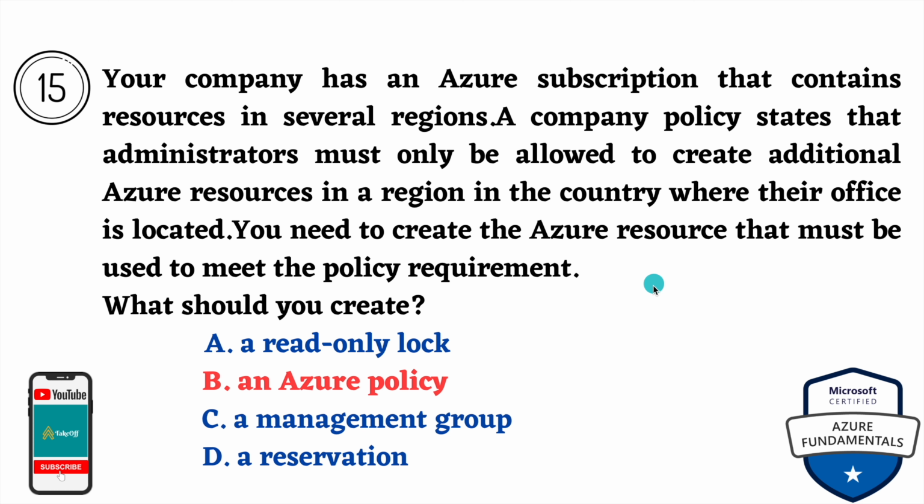Here we have a business rule: administrators must only be allowed to create additional resources in the region of the country where their office is located. These kinds of business rules can be defined in the policy definitions, and you can create an Azure policy. So this can be achieved by using the Azure policy.